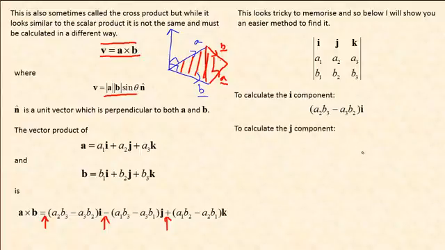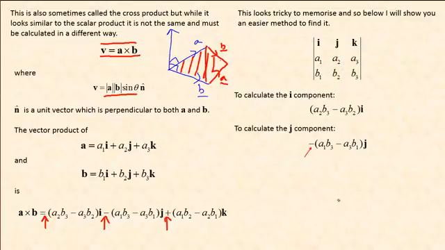Then for the j component we cross out the top and the middle column. Now with this one we have to remember to put the minus here, but other than that it's A1 times B3 and A3 times B1.